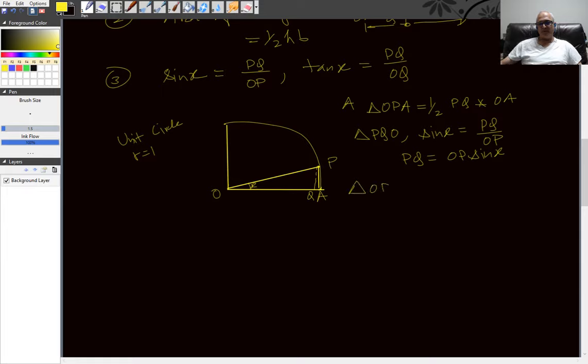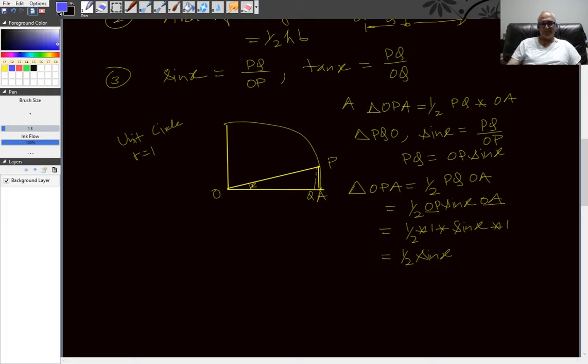Area of the triangle OPA is equal to half PQ OA, or half OP sin x OA, and OP and OA are both radius, and it's a unit circle, so it's half multiplied with 1 multiplied with sin x multiplied with 1, so equal to half sin x. So this is number 1.